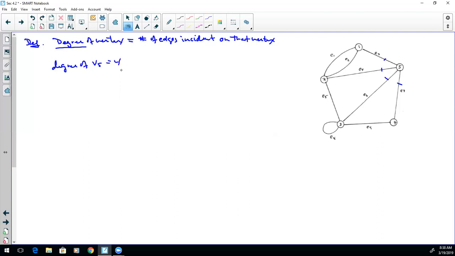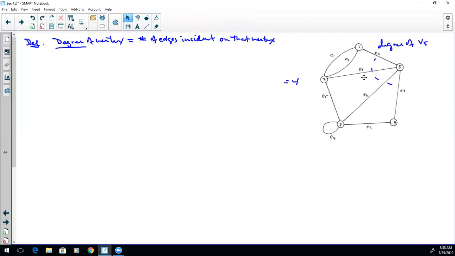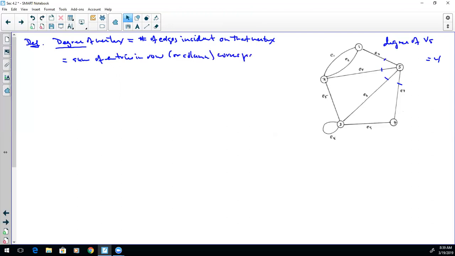Now, notice also that the degree of the vertex equals the sum of the entries in the row that corresponds to that vertex, or the column that corresponds to that vertex, in this adjacency matrix.